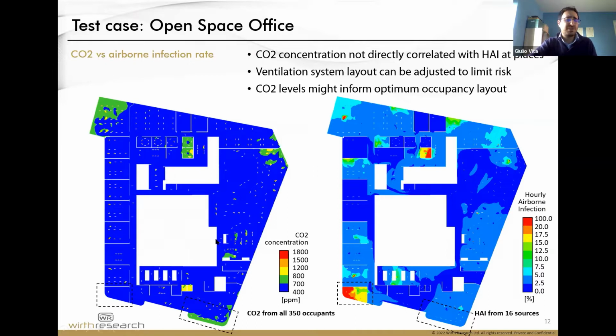If we look at this office here, being occupied by a single person and being a large office, the CO2 concentration is very low, whereas the early airborne infection risk, if that person is infected, can reach high values. So of course the CO2 is modeled for all the occupants, but it might not be enough to understand how the behavior of a room is.